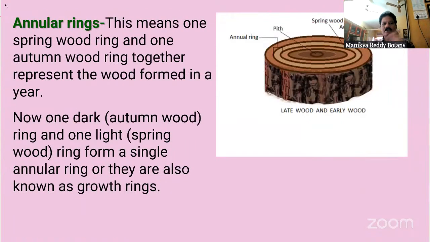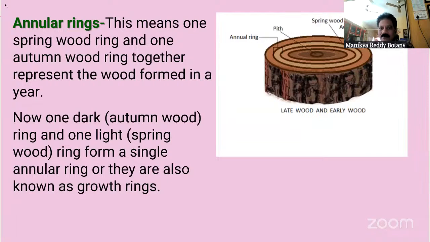And during autumn, already we have discussed the wood which is formed during autumn season. The wood formed during autumn season is very little, with narrow xylem vessels. Less xylem and less phloem is formed. Secondary phloem and secondary xylem are very less because plants shed leaves.